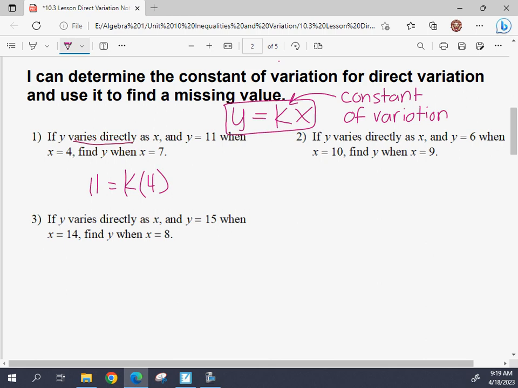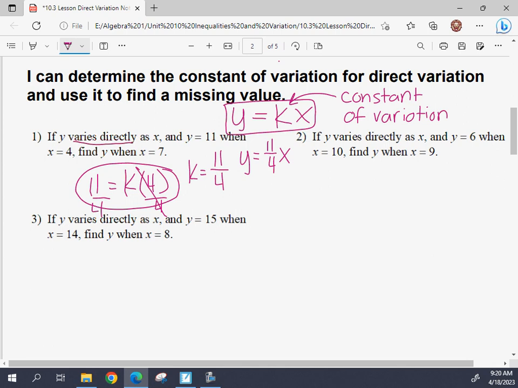And I can solve this one-step equation for k by dividing both sides by 4. And so I get k, my constant of variation, to be 11 over 4. So the equation for this relationship, this direct variation, would be y equals 11 over 4 x.